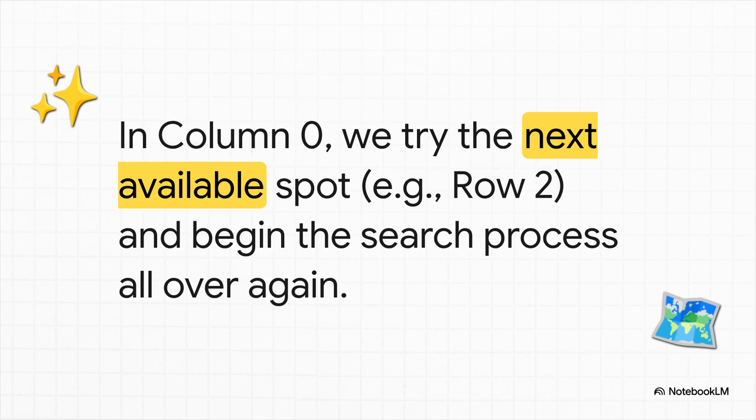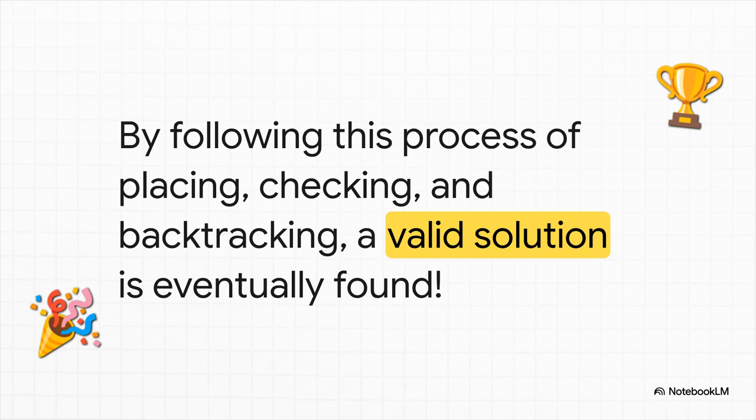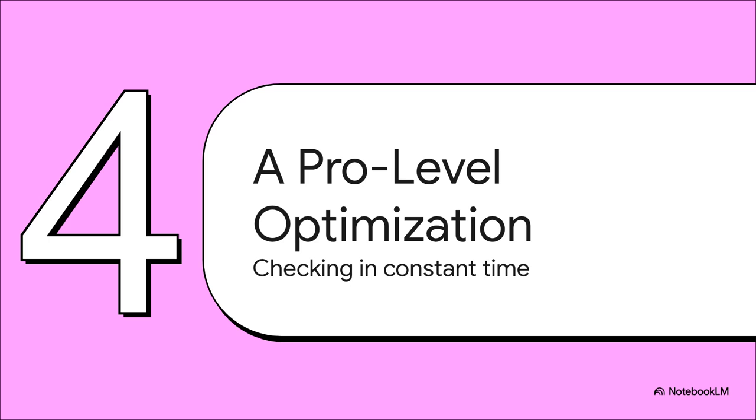Okay, now we're back at the very beginning, in column 0. This time, we try the next available spot, which is row 2. And from here, the whole search process starts all over again. And by following this process, place a queen, check if it's safe, and backtrack when it's not, the algorithm eventually finds a complete, valid arrangement. Success!